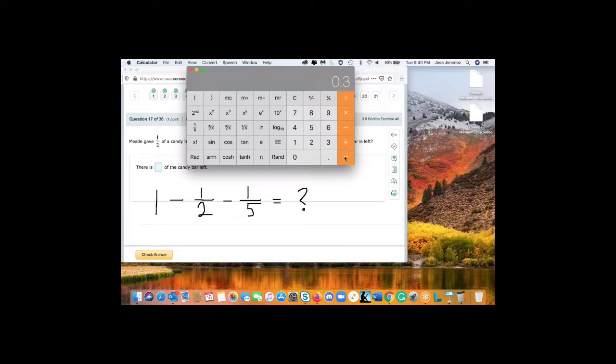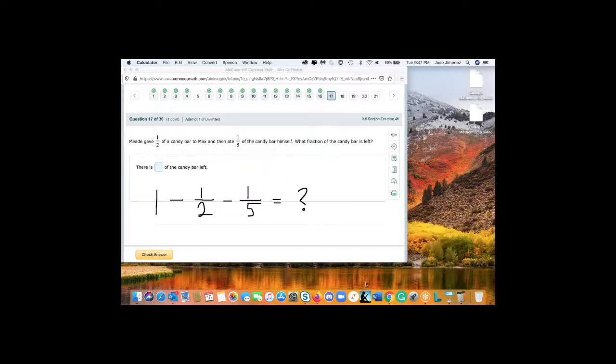0.3. That doesn't work too much. Yeah, so 1 minus 1/2 is 1/2. Then we have 1/2 subtract 1/5. So let's look at another way, because they give you a decimal.